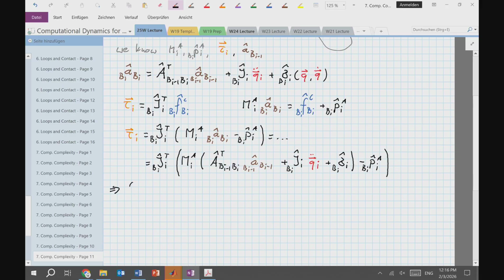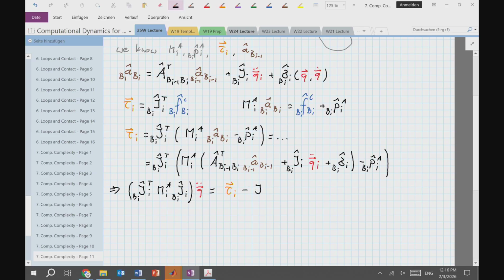And now I can rearrange, get the stuff I'm trying to solve for to the left-hand side. And that stuff I'm going to solve for has this form: Ji transposed times articulated inertia of articulated body i times Ji times q double dot equals tau i minus all the rest, right?